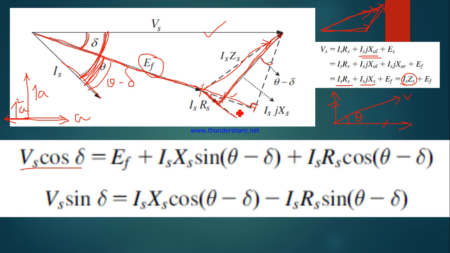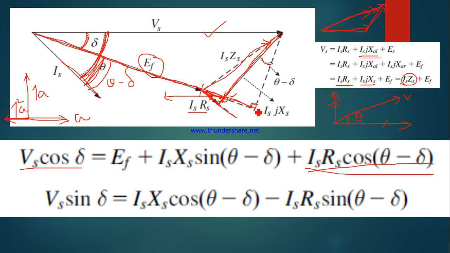Okay. Now coming to the point. As I told, this angle is theta minus delta. So if I take the horizontal component of this part, it should be IS RS into the cos component. You see, this is that cos part, IS RS into cos, because this angle is also theta minus delta.